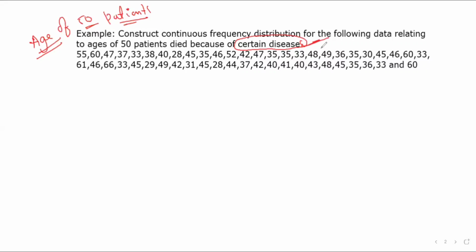So at which age that particular disease is highly affecting, at which age it is affecting very low, like that. To do analysis, we require the systematic arrangement of the ages of these 50 patients, right? So here we are going to prepare the continuous frequency distribution, right?